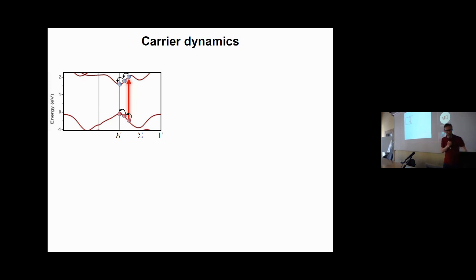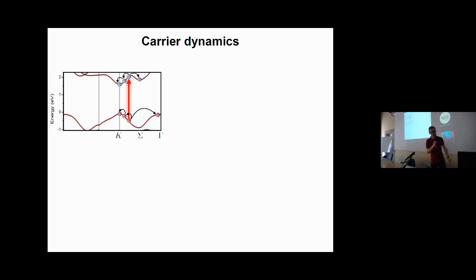But the system is so complex that you can also have different processes called inter-valley scattering, in which the carriers that you initially create in the K valley of the material migrate to another valley, which for electrons is called the sigma valley, and for holes is the gamma valley.